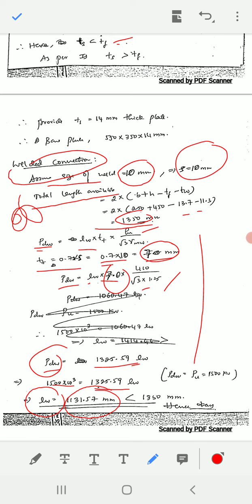If Lw is less than that value, then it is okay. If it is 1400, more than 1350, meaning Lw is more, then you have to increase the s value. Then you increase the s value to 12 mm and do the same process again, and check whether we get it or not. This process you have to do.